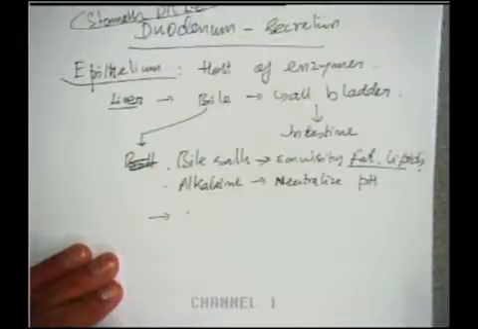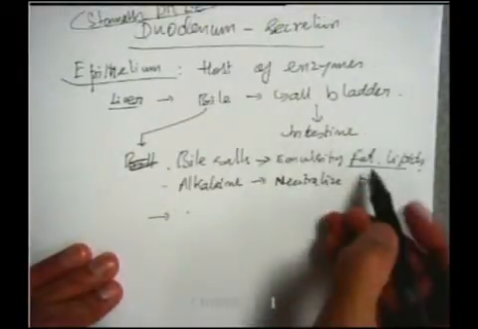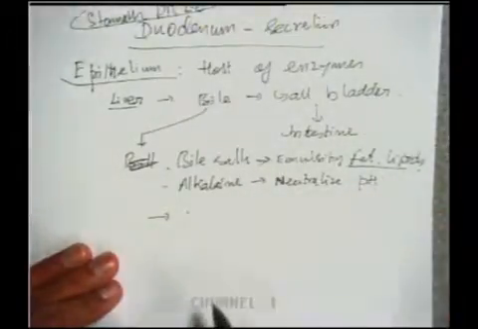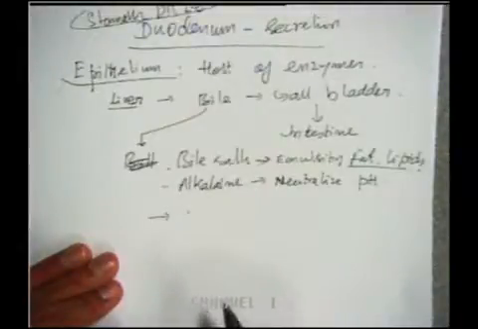But as it is mixed with the oil and enters the duodenum, it activates the secretion of the bile salts as well as the pancreatic lipases. The lipases will act on these lipids, but they cannot act just like that.